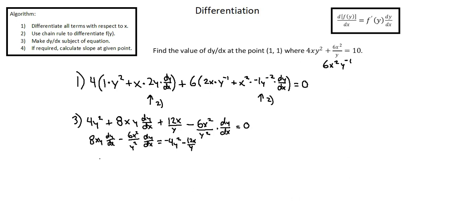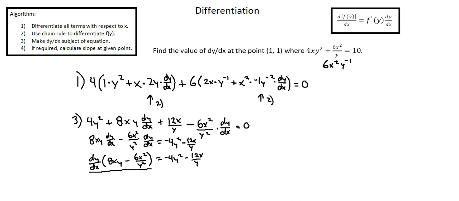On the left, I'll factor out dy over dx from both terms. We have dy over dx times 8xy minus, in the second term, factoring out dy over dx, we're left with 6x squared over y squared equals, the right side stays the same, negative 4y squared minus 12x over y.